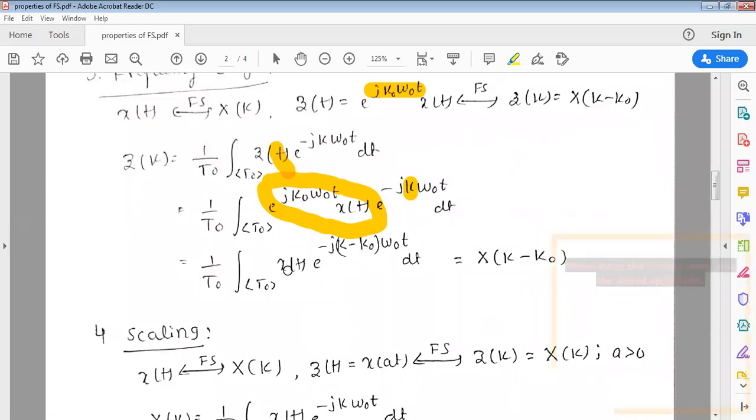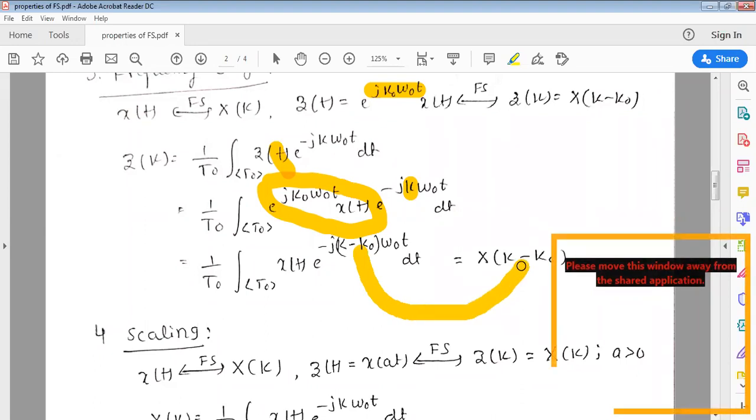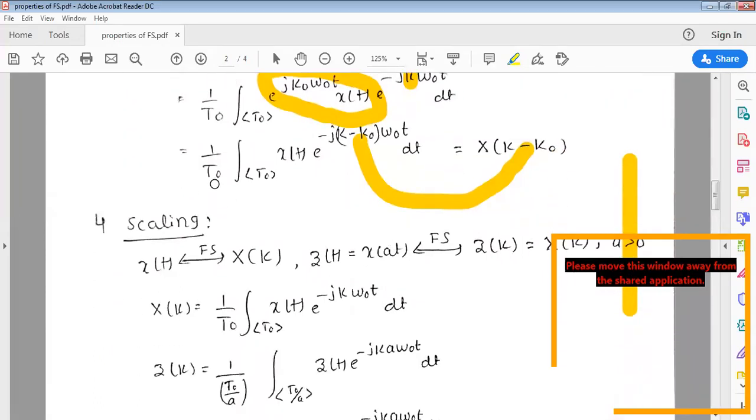This is nothing but x of t into e power minus jk omega naught t, the only difference being that instead of k, I have k minus k naught. So I'll write this as x of k minus k naught.